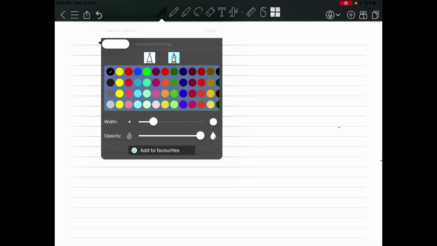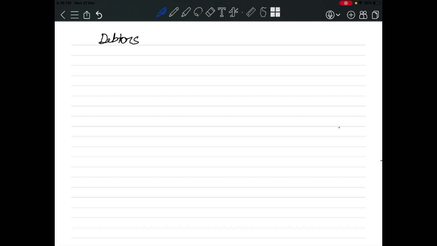Now the next point which we will talk about is debtors. Don't call it debtor, it's debtors. Now who is a debtor?